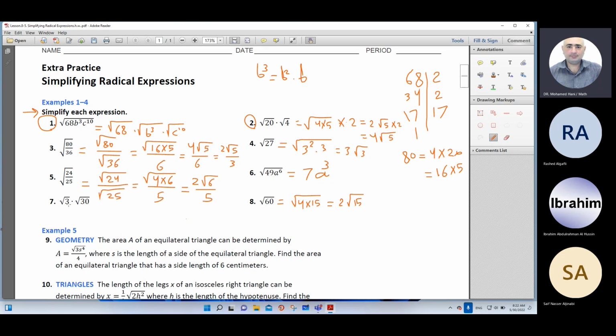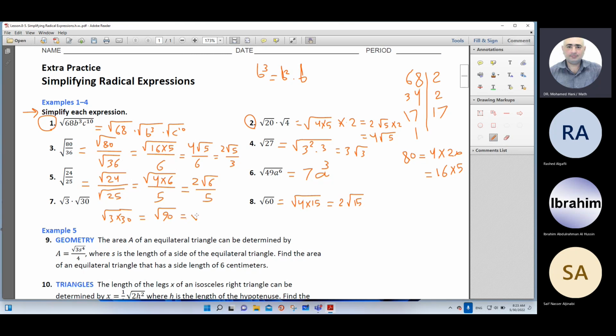And here we have square root of 3 and square root of 30. We can write it as square root of 3 times 30. 3 times 30 will be 90.